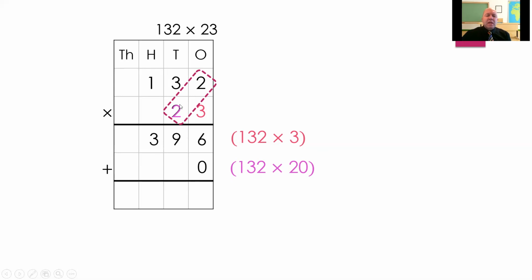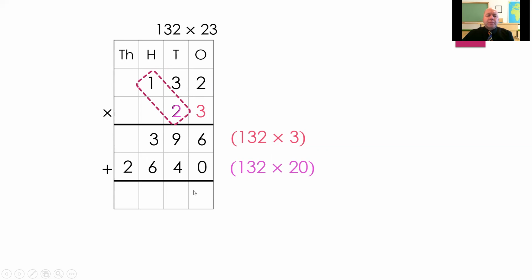And it means we can just think about this as a 2 now, because we've already made that adjustment. We've made it 10 times bigger. So we're now just going to think about this as a 2. So 2 times 2 is 4. 2 times 3 is 6. Just putting them in the next column as we work our way along. And then 2 lots of the 100.